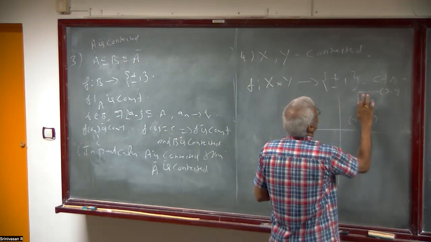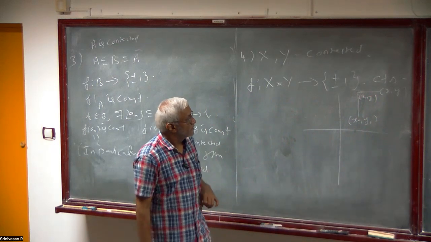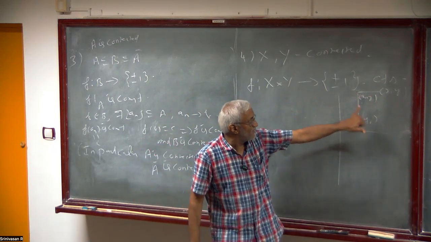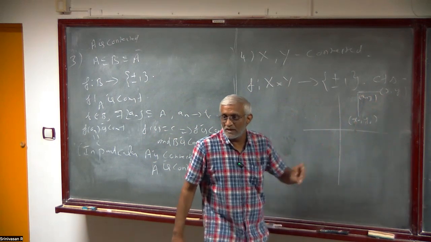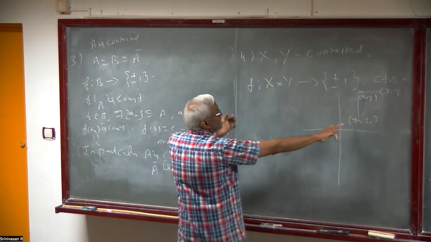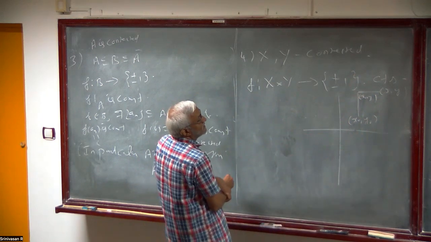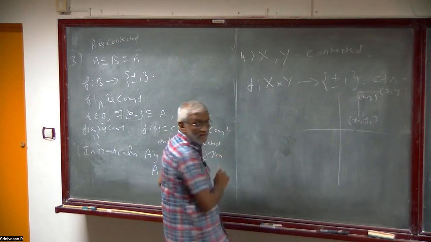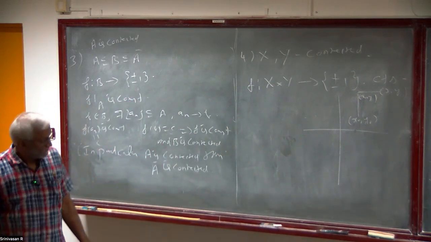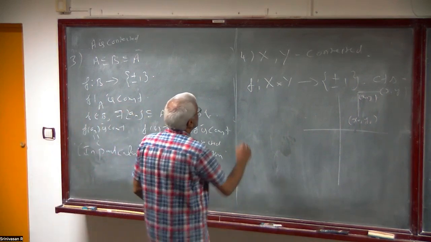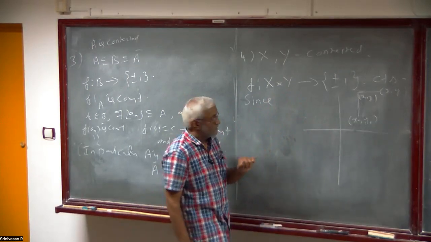And this point is (x0, y), the x0 is the same, no? So you prove that f of (x0, y0) is the same as f of (x0, y). So what is this line? This whole line, there is no restriction, this is what is called an embedding.